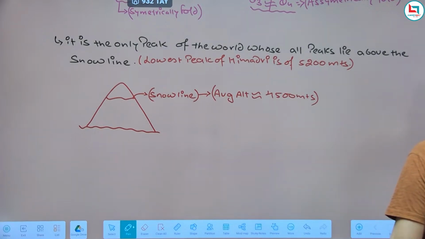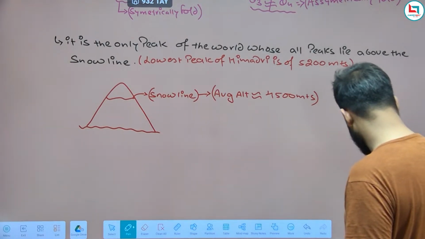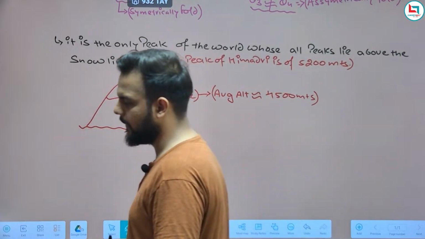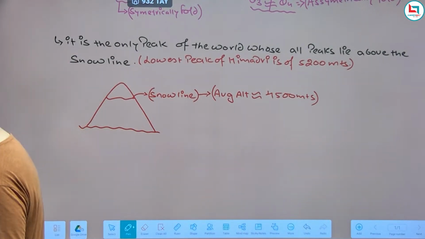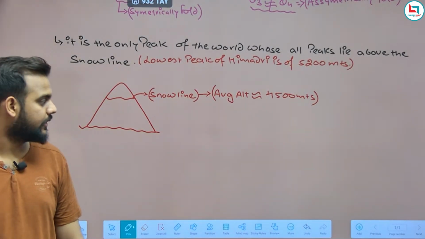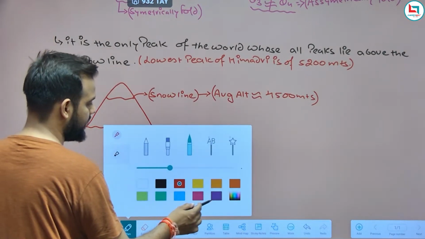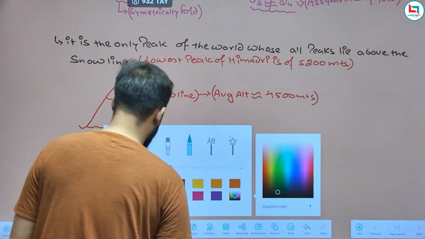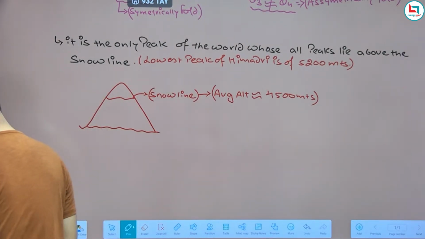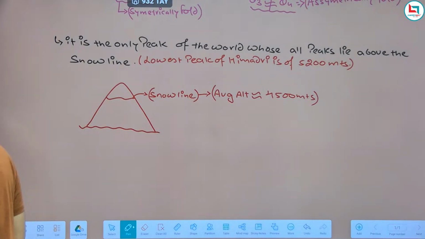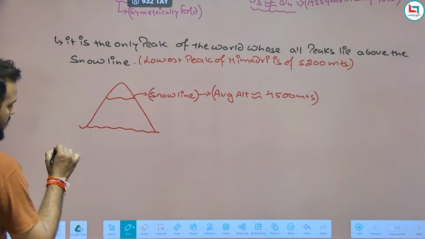Now, buddy, after this particular thing, next point, write down the next point. It is estimated that Himadri is the biggest mineral deposit of the world.